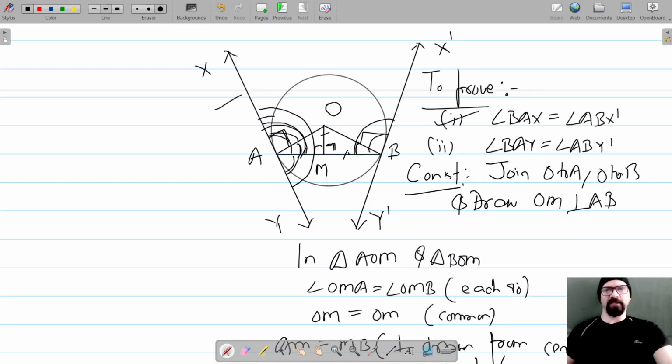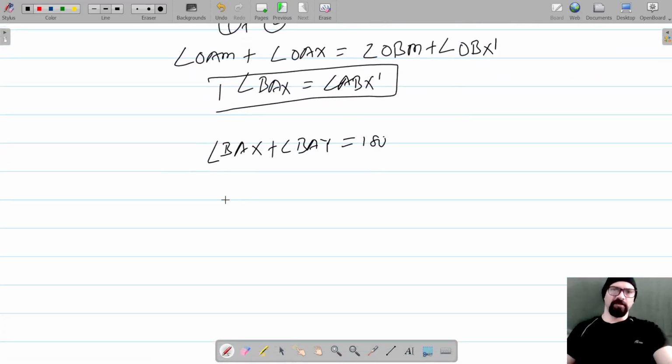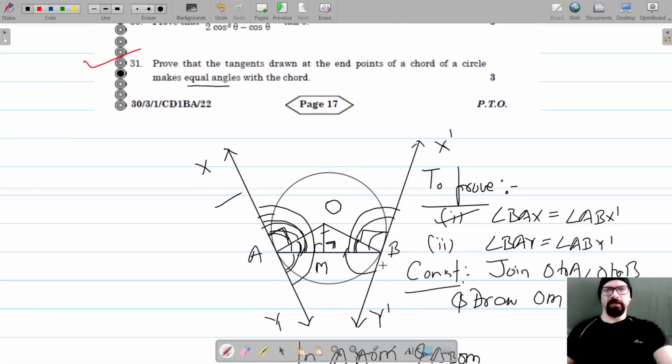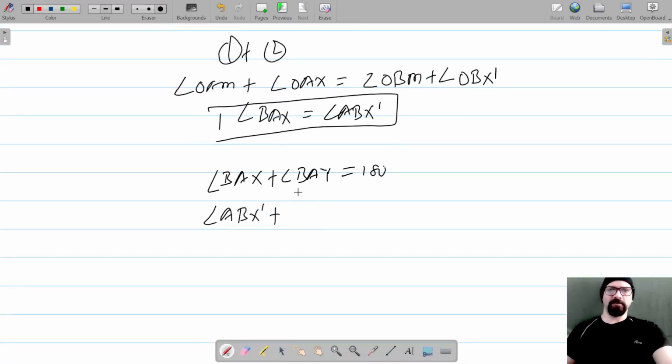Similarly, angle ABX dash plus angle ABY dash is equal to 180 degree, reason being these are linear pairs.